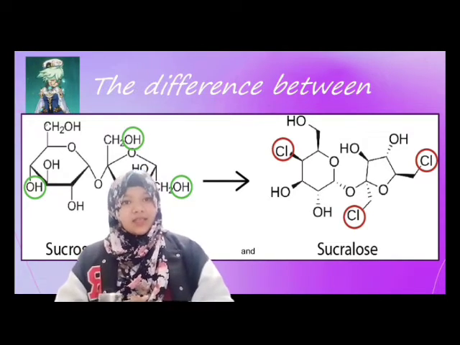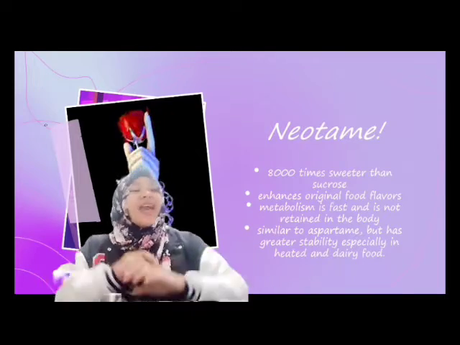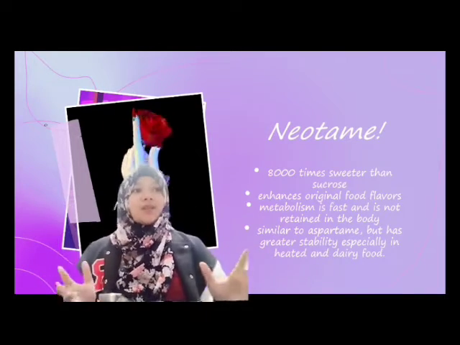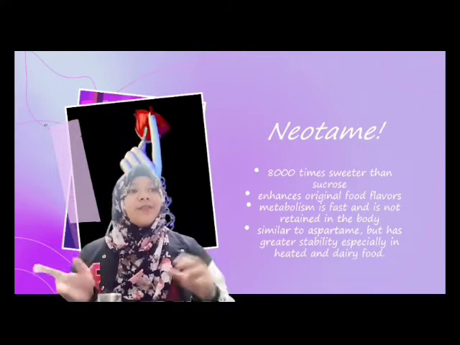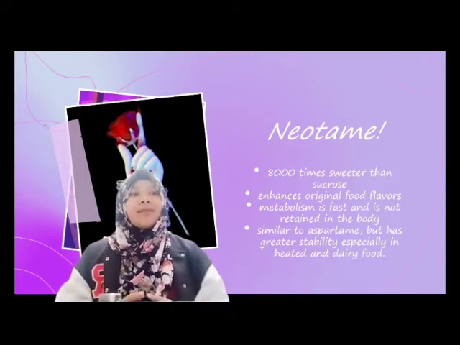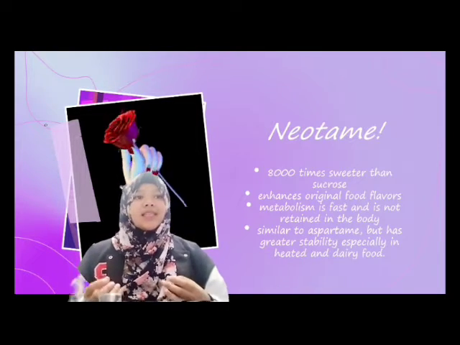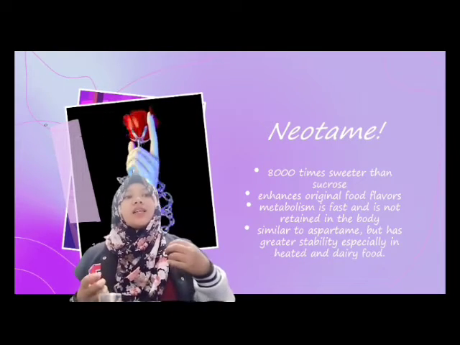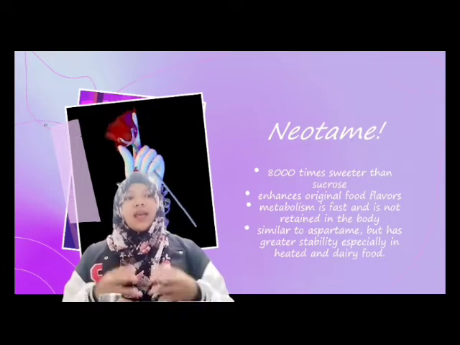The next one is neotame, which can be 8,000 times sweeter than sucrose. It enhances original food flavors and fastens metabolism and is not retained in the body at all. It is very similar to aspartame, but has higher stability, especially in heated and dairy food.